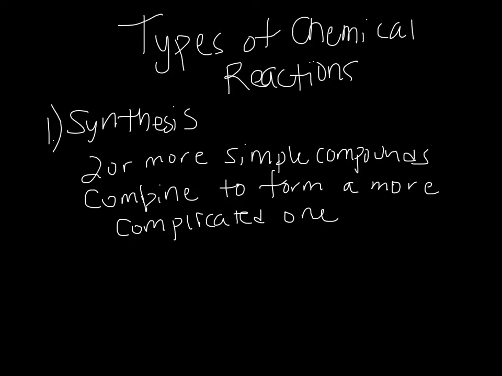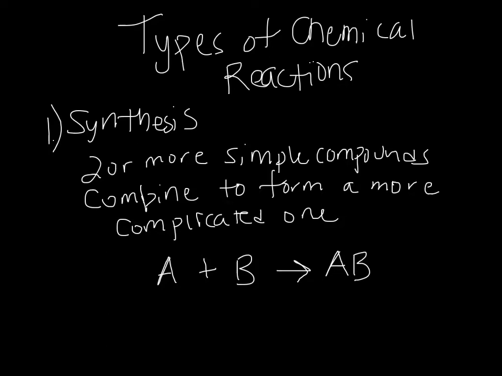So an example of a synthesis reaction would be A plus B. So A is a simple compound, B is a simple compound, and they yield AB. So we have a simple compound A, a simple compound B, and they come together to yield a new, more complicated compound, AB.